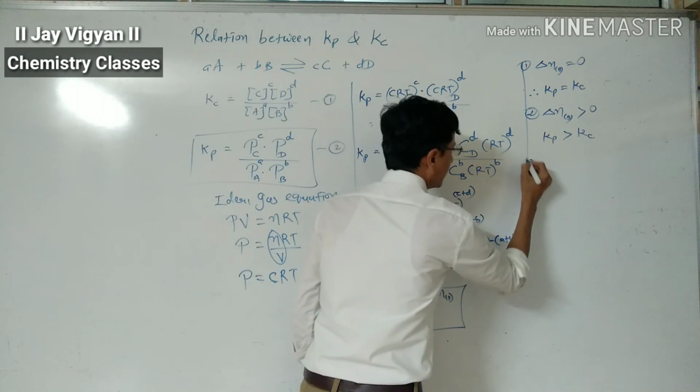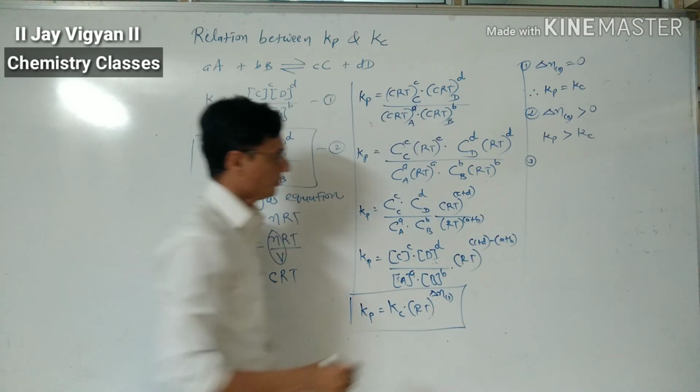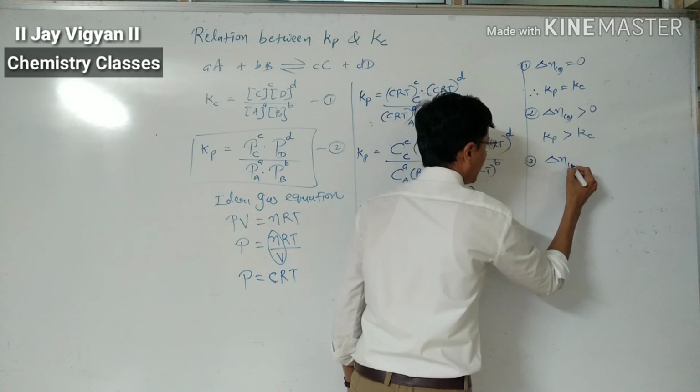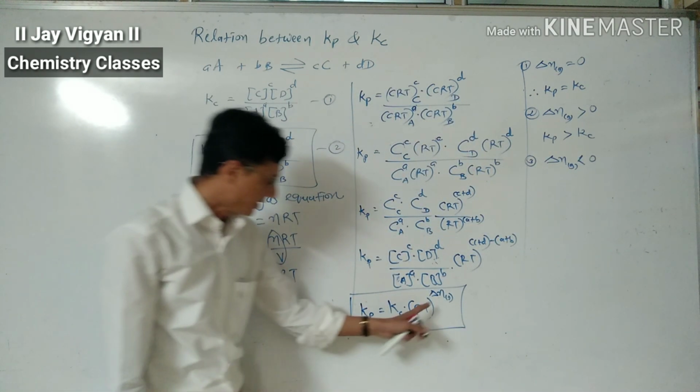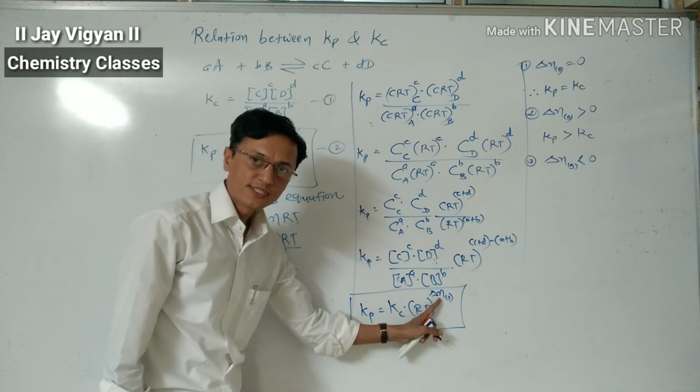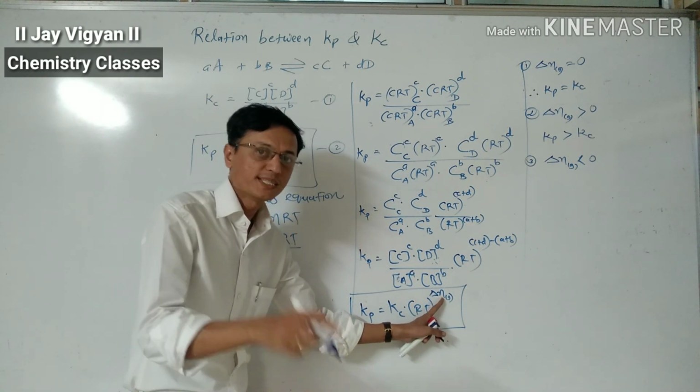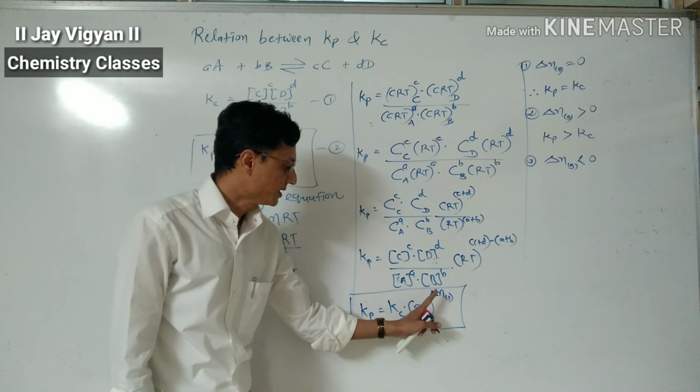And now let us imagine delta Ng is less than 0, which is negative. Suppose it is -1.